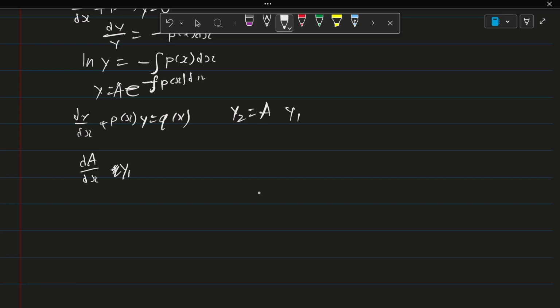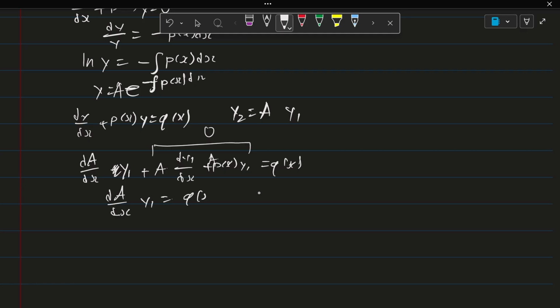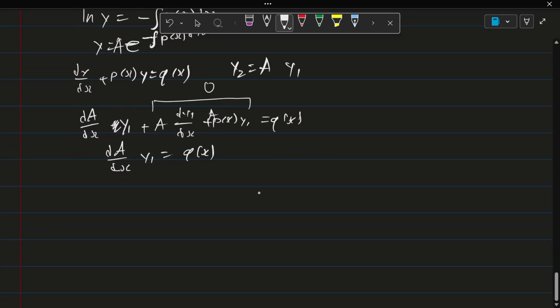We'd get that plus the A times dy1 over dx plus p(x) y1 equals q(x). Now, if you remember, this thing here results in 0, which we have already solved. So we could just do the problem of dA over dx times y1 equals q(x), and y1 is a function of x, okay? So we could now solve this much more easily.